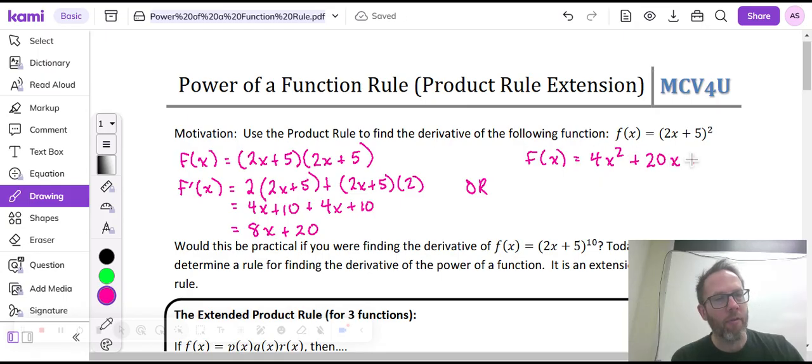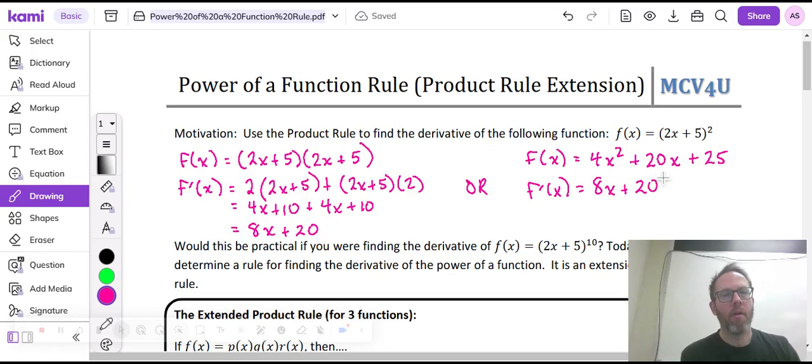And then 5 times 5 is 25. And you could differentiate it just using the power rule and those basic derivative rules we did on the first day we learned derivative rules. So 8x plus 20. You get the same derivative.